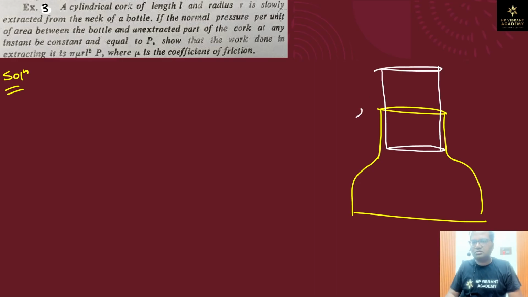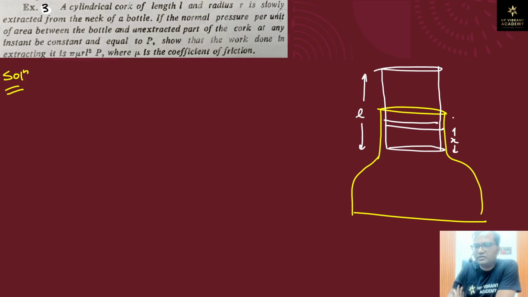This is a cylindrical cork of length L, and let us analyze this with the inserted part being x. Also, let us take an elemental strip of length dx.